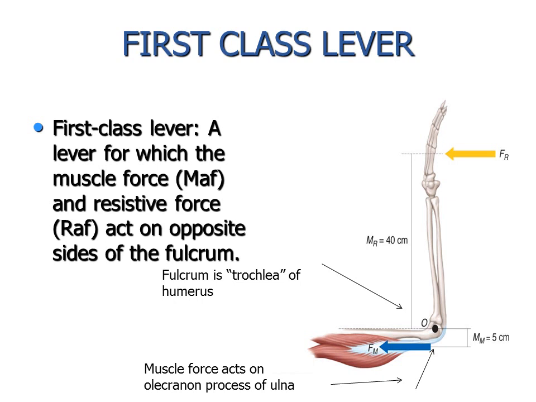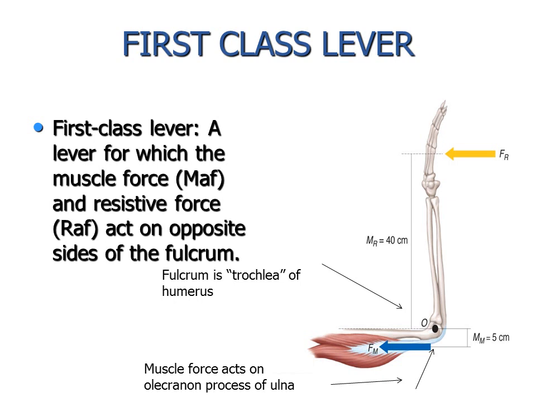Now, the ulna rotates about a fulcrum that's at the trochlea of the humerus bone. And for those of you that have the PowerPoint presentation, I have a diagram here which depicts the relative moment arms of the muscle force compared to the moment arm of the resistive force.